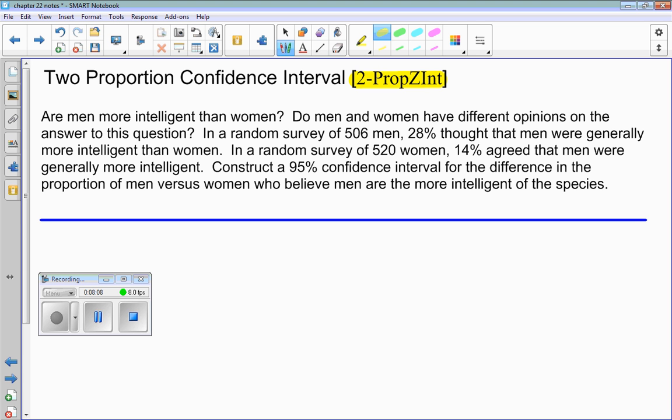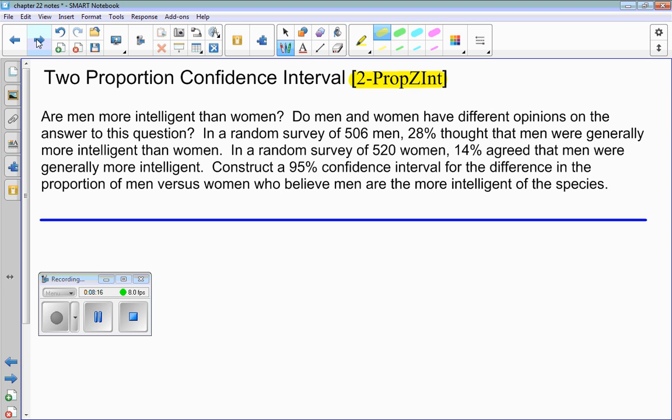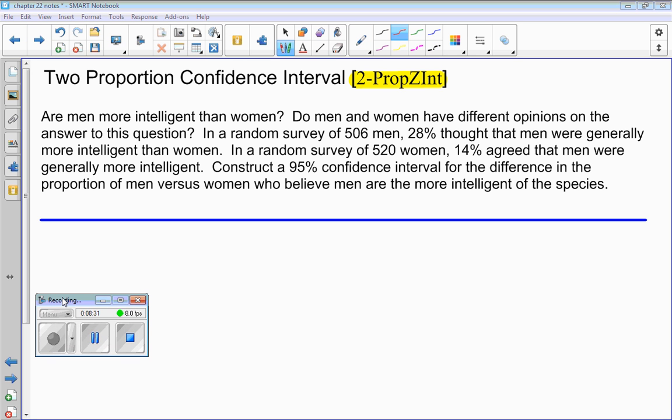Okay. If we're trying to create an interval based on the formula that I just gave you, what information do we need to draw out of the problem and write down? P hat for the men and P hat for the women. Let's write that information down. That's a great way to start. I agree. And rather than write 1, 2, can I use M and W as subscripts? Are we okay with that? Because that's clear to me.